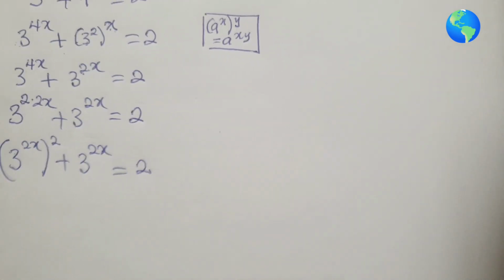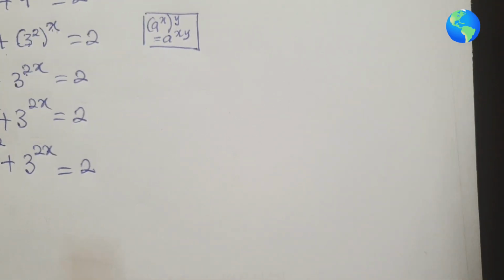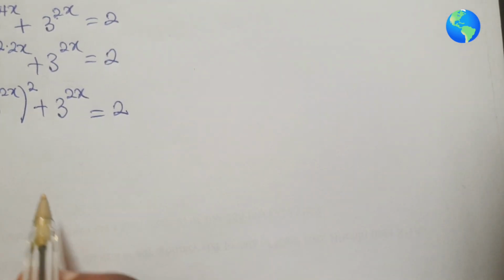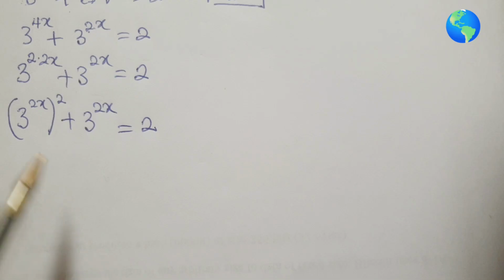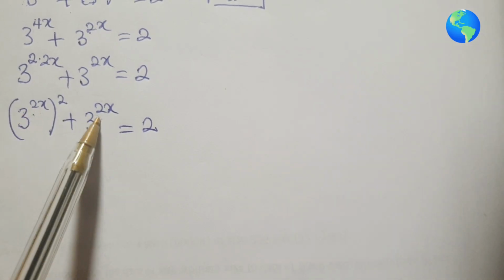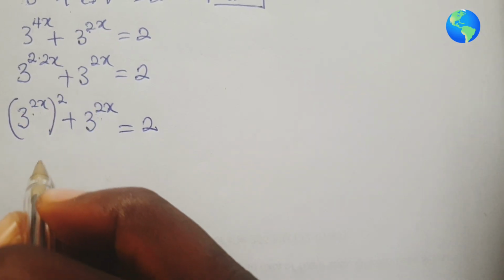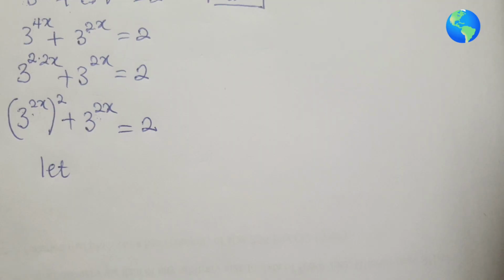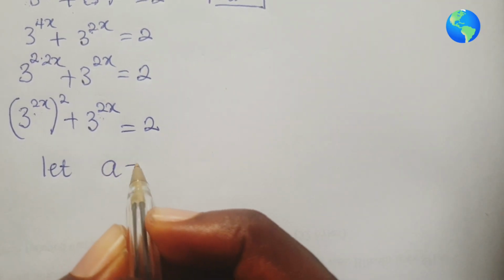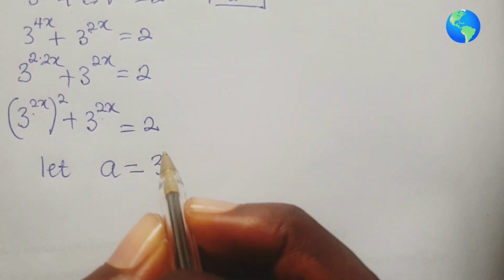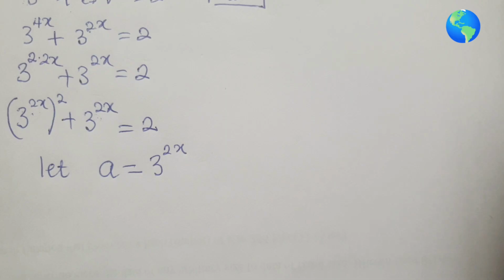We have succeeded in making this and this the same. So let's call a new letter. Let a equal 3 power 2x. I have a reason for that. It's so we can equate them and substitute.